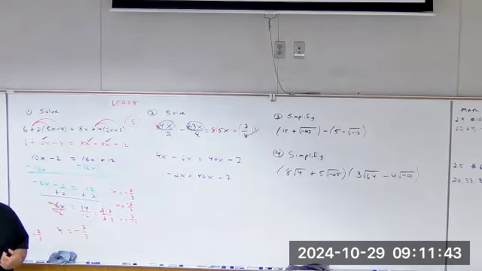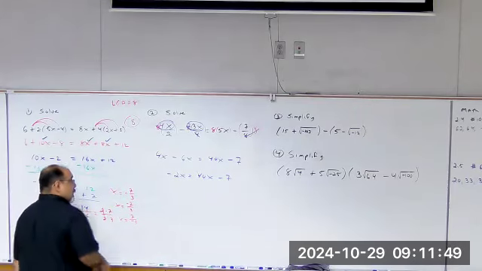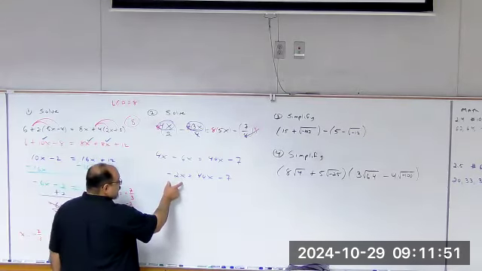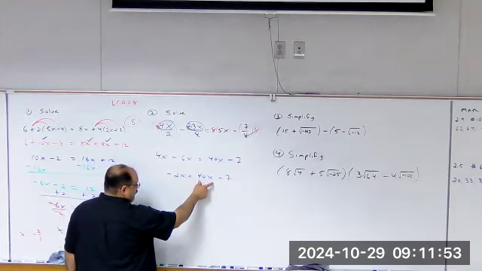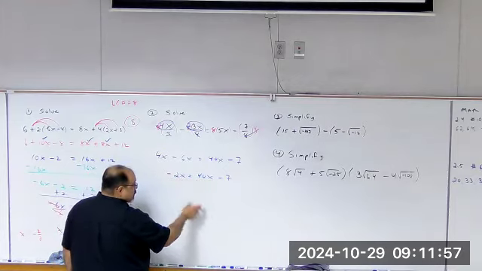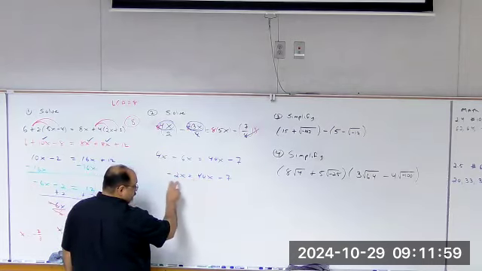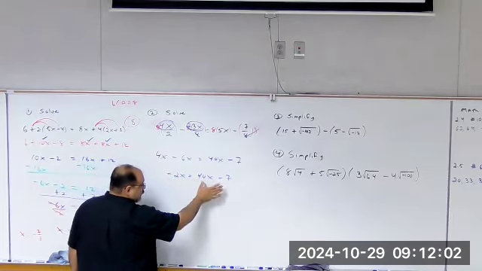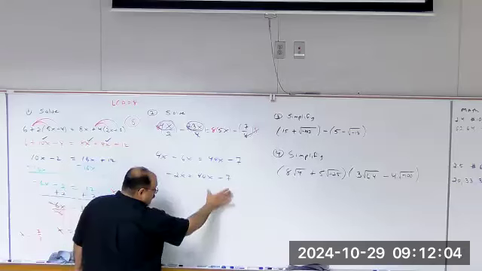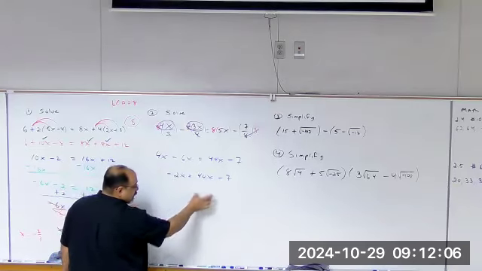Step 2. Gather your variables on one side, constants on the other side. So I want to get the x's on one side. Think it through. I can take this negative 2x over to this side because I would add it and I'd have positive x's. But then if I add 2x to this side, then everything is on the right and I would have 0 on the left.